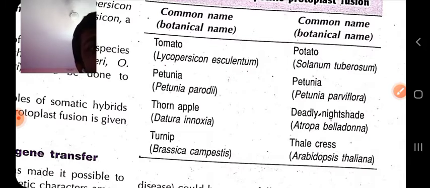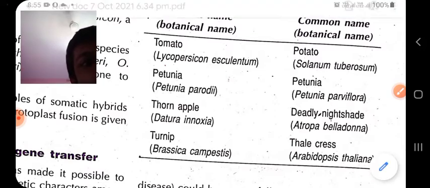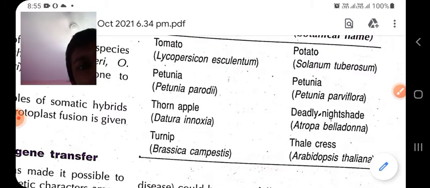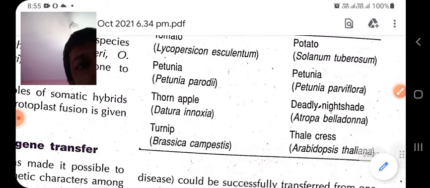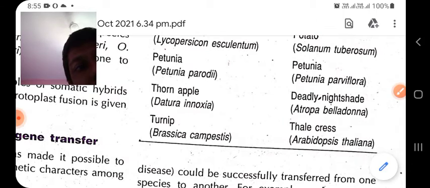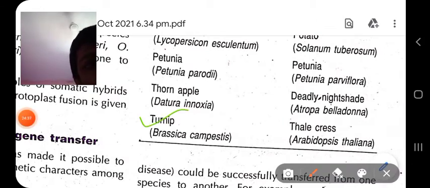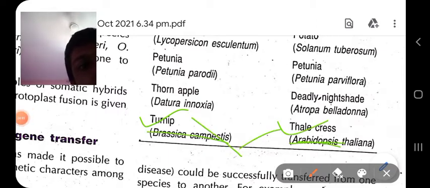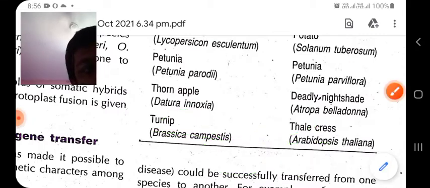From species A, tomato with potato; petunia, closely related species, interspecific: Petunia parodii with Petunia parviflora. Then thorn apple, also called Datura innoxia, with deadly nightshade, Atropa belladonna. Turnip, Brassica campestris, with Arabidopsis thaliana. This is intergeneric, different species. They are fused by somatic hybridization technique to get a new hybrid plant.